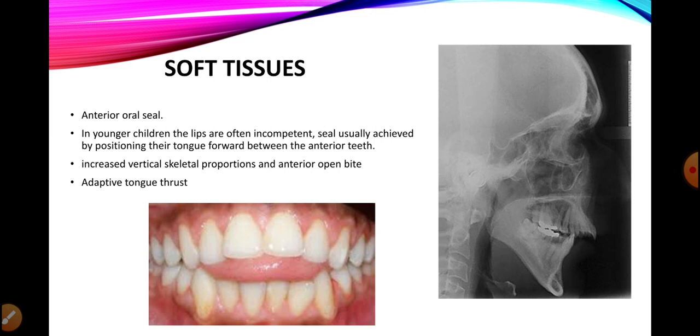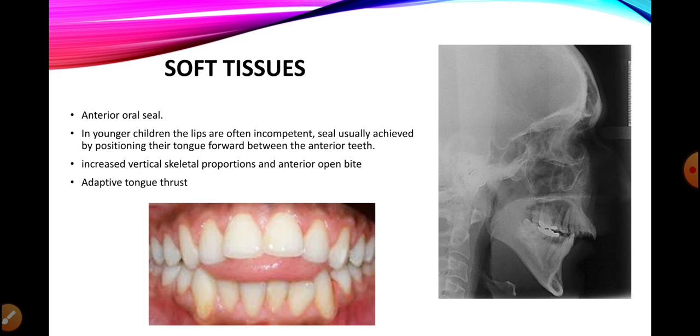If the lips are not meeting each other, we call them incompetent. Because the vertical growth of lips has still to happen, young patients are mostly presenting with incompetent lips. So in younger children, this anterior oral seal is usually achieved by positioning the tongue forward between the anterior teeth in order to make an anterior seal for swallowing.